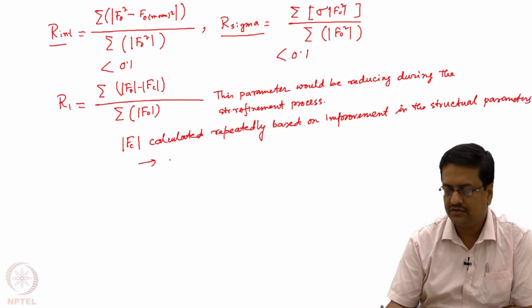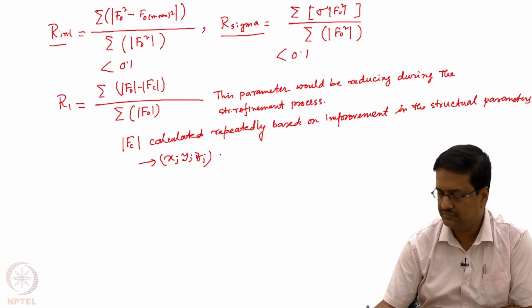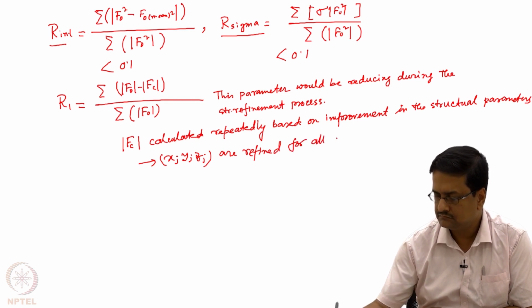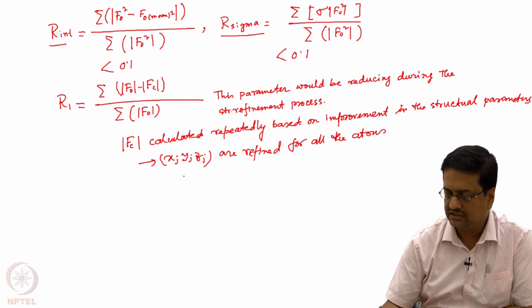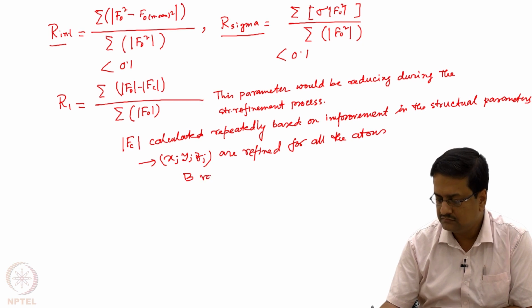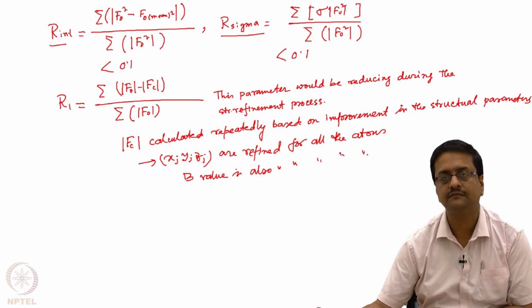I mean to say that during the refinement process, the xj, yj, zj are refined for all the atoms. Also, the isotropic thermal parameter, the U value, is also refined for all the atoms.